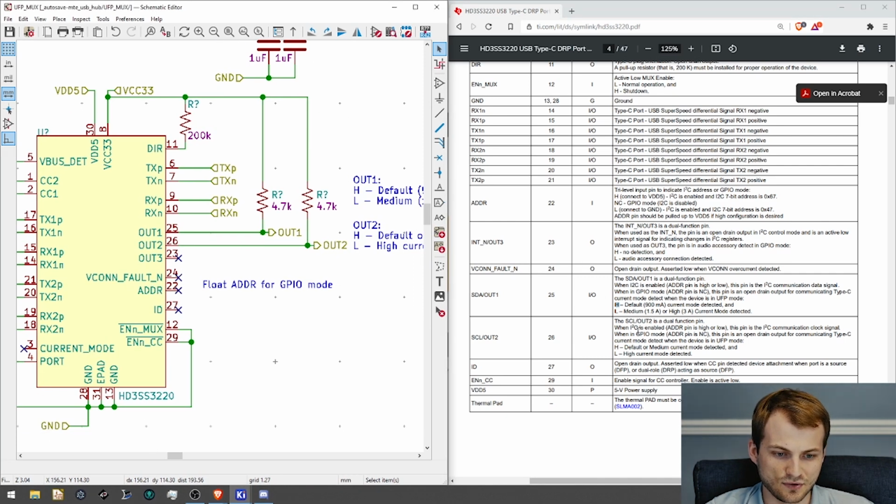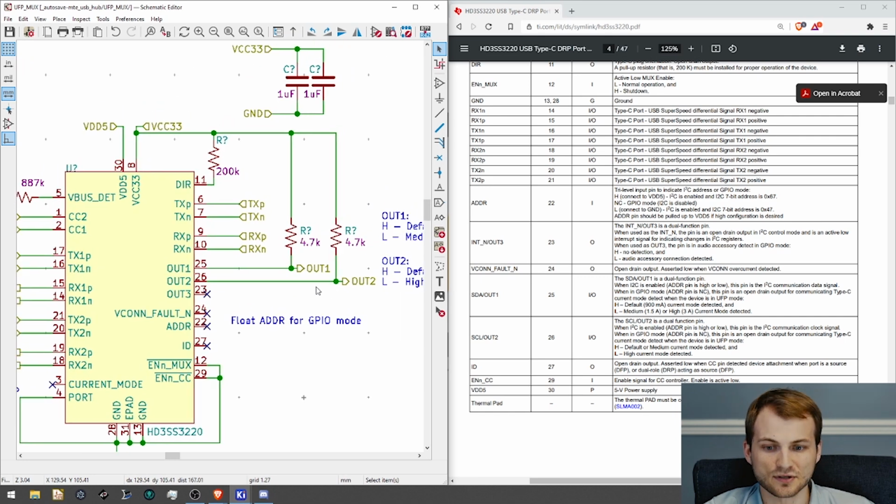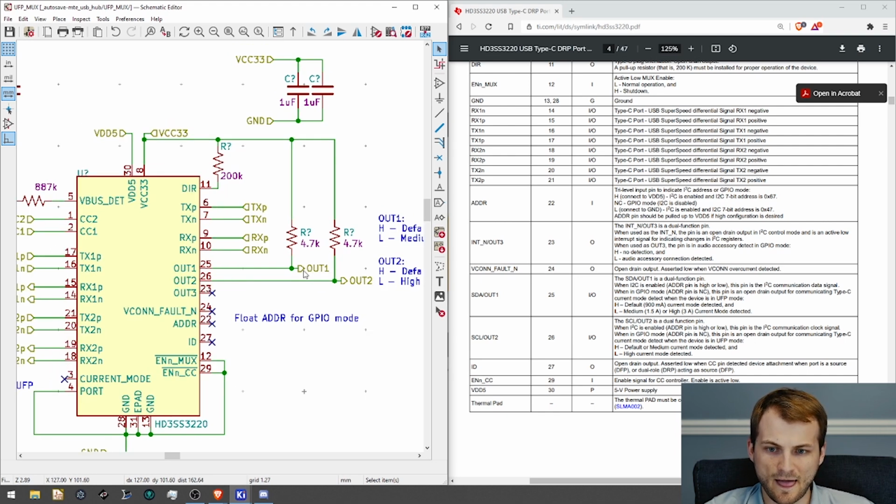And out 2 does the exact same thing, except it just gives you one more configuration point for what the upwards facing port can source. These actually aren't going to be needed most likely, since we are not going to be using the upstream facing port for power. I have them on here just to show how that would be done if we were sourcing power.